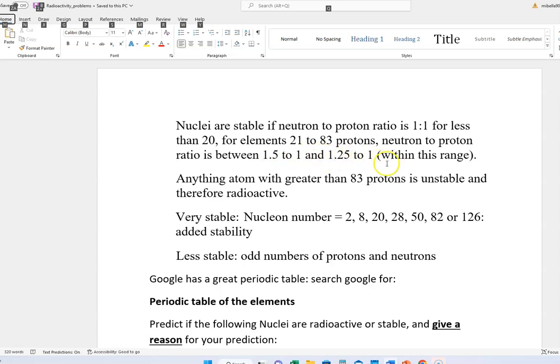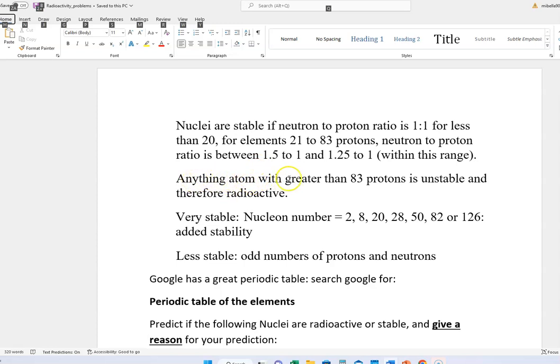If it's within this range, then the element is very likely to be stable. Of course, you have to actually go and look.